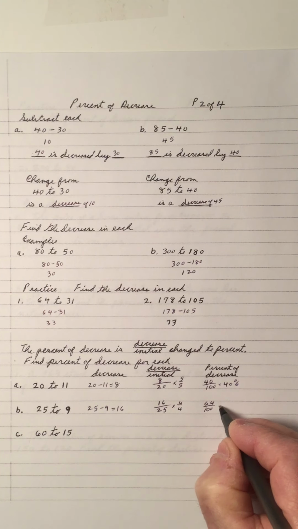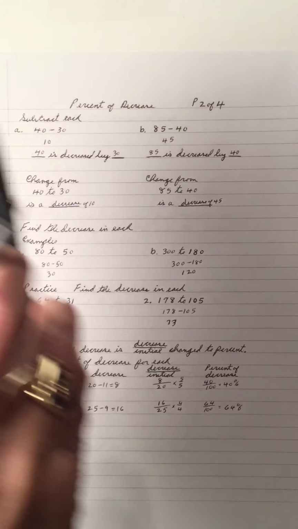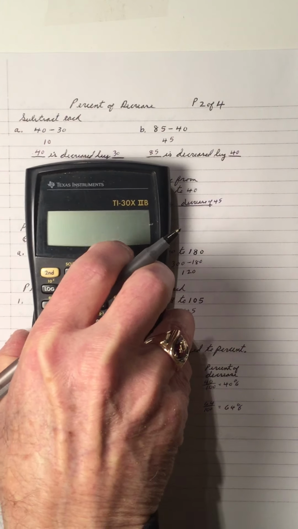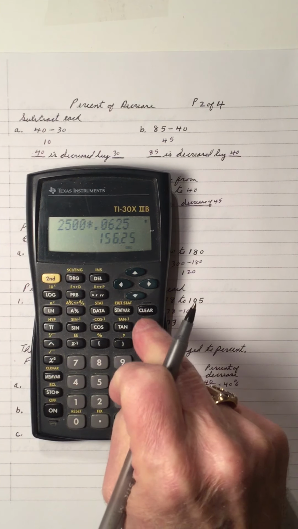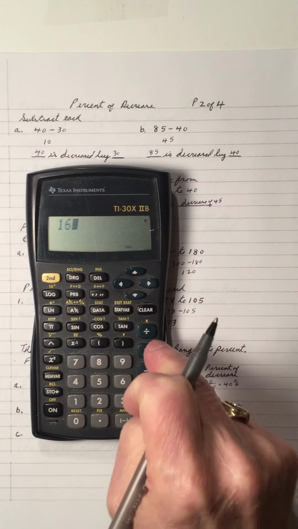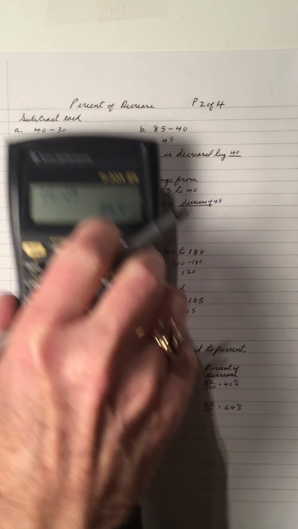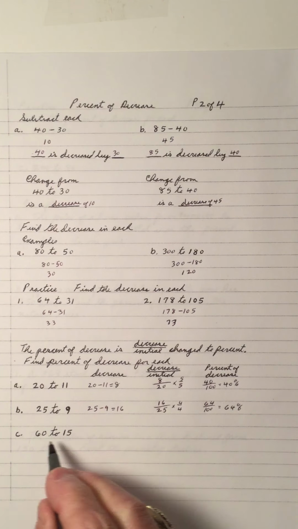And 64 over 100 is 64%. But if we just use our calculator, just for a bit of fun, 16 divided by 25, we get decimal 0.64. Or you can do a long division with a pencil.